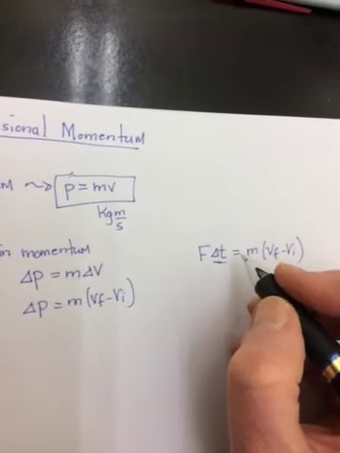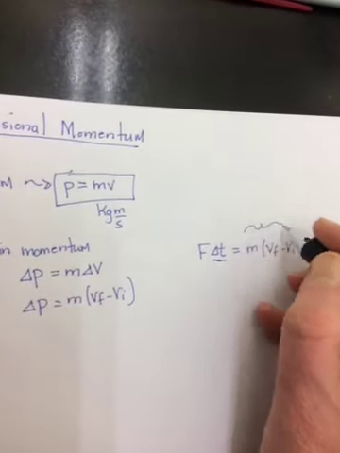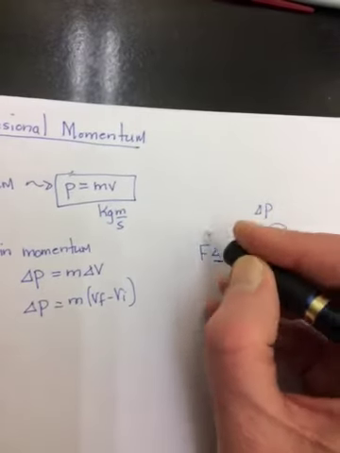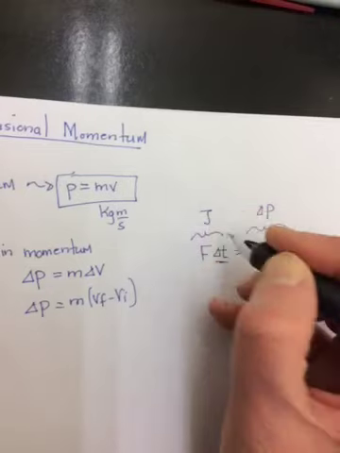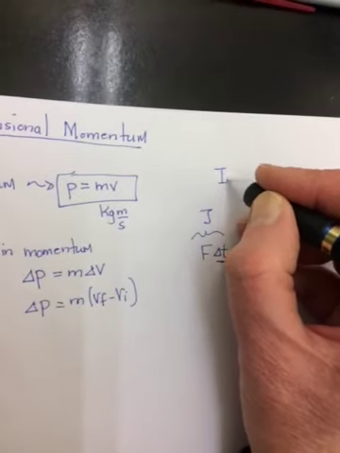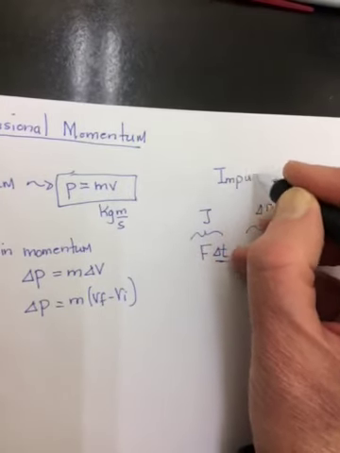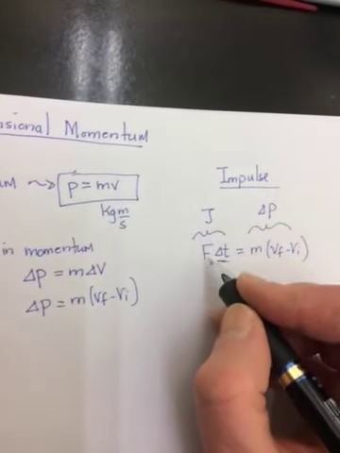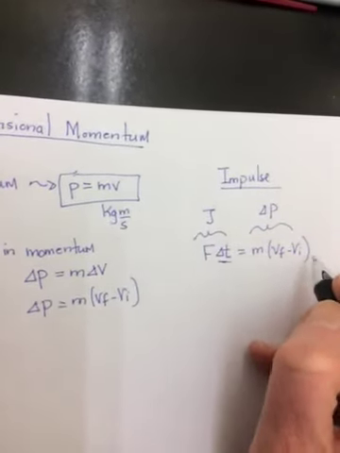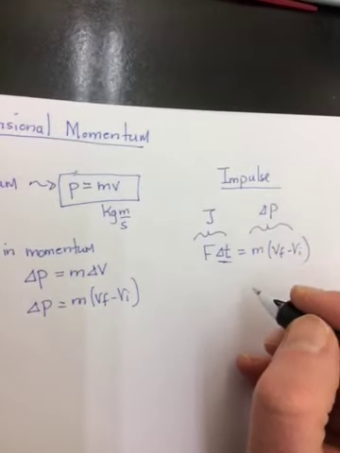Okay, now this side then is the change in momentum, delta p, and this side is known as the impulse, J. Okay, so last year we talked about the impulse. And the impulse is a force applied to an object over a period of time, which causes a change in the object's momentum.